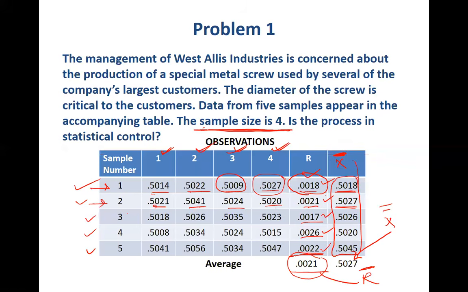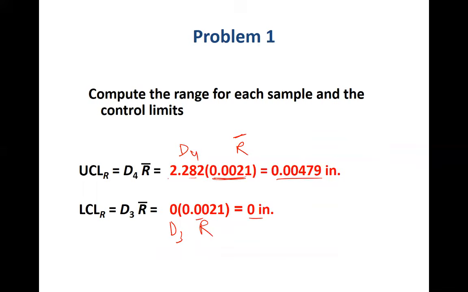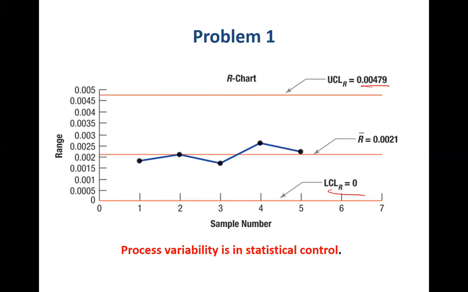This R bar value will be the nominal value for your control chart, the middle value. So you get the upper control limit and lower control limit from the formulas, and the R bar value from the table itself. All these 5 values that you see here are the values of R that you have from the table.